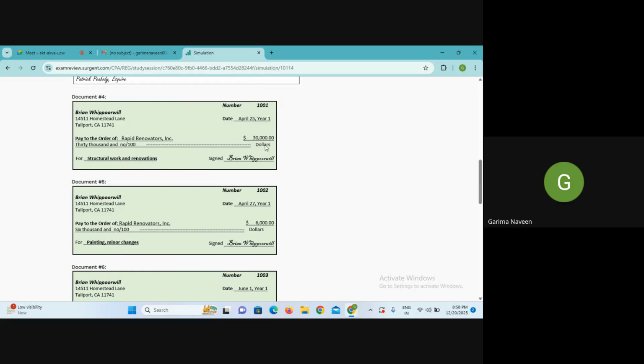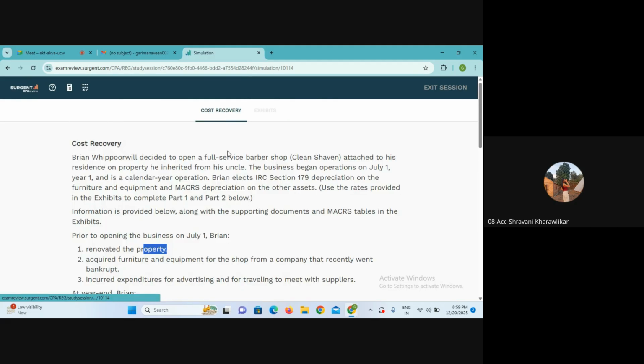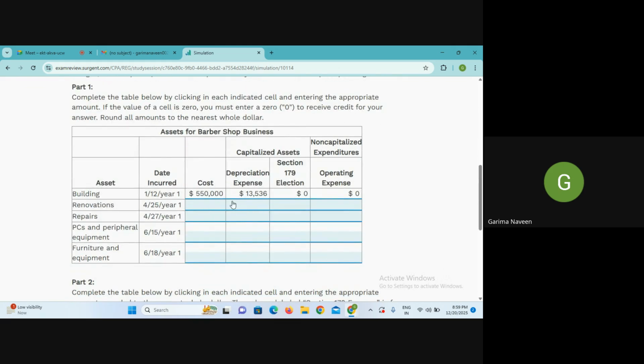You have to decide which amount should be capitalized and which should be expensed. So for expense, ma'am, it would be painting and minor changes, and for capitalizing, it would be the structural work. Okay, so you are saying that for capitalizing, you will put the $30,000 here, and for expenses, you will put 6,000 here. Okay.